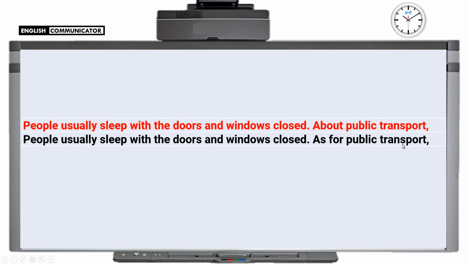As for public transport, not about public transport. As for concern, as for matter, as for subject. So as for, not about public transport, because this sentence gives you information about people.